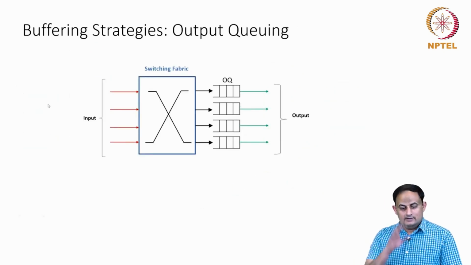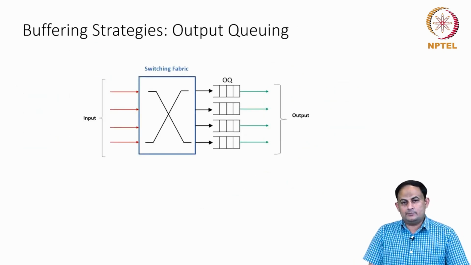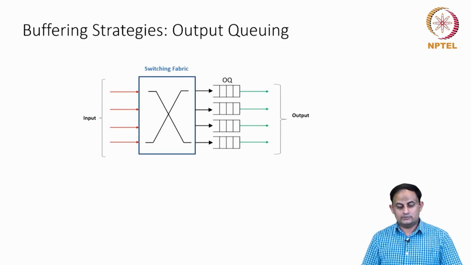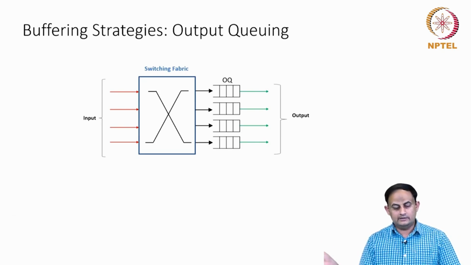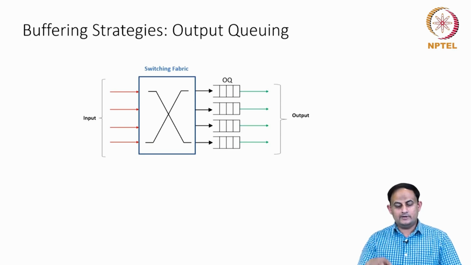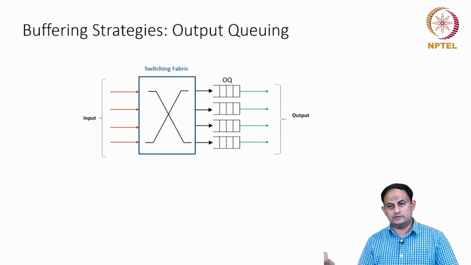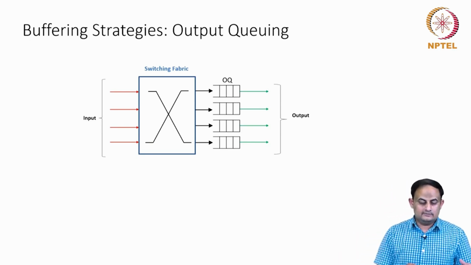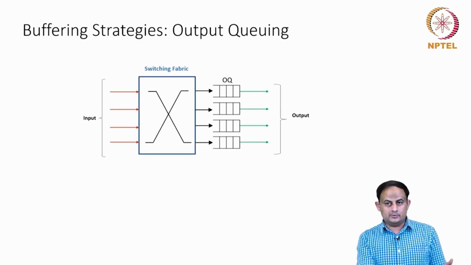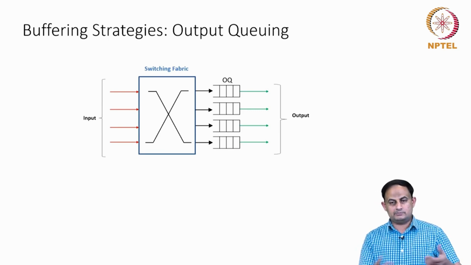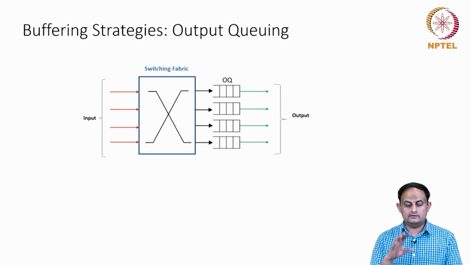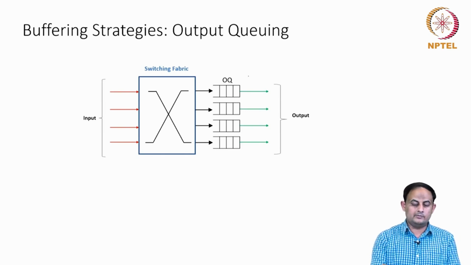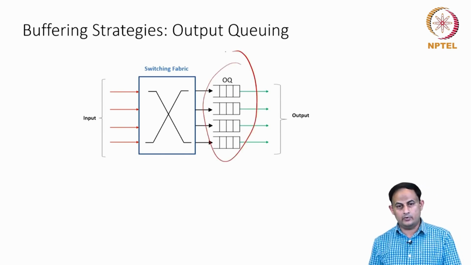And the second strategy of placing the queues is, you might have n different buffers available, one at each output port, and packets are coming on the input port, and then your switch fabric establishes a connection and puts them in the respective output ports.